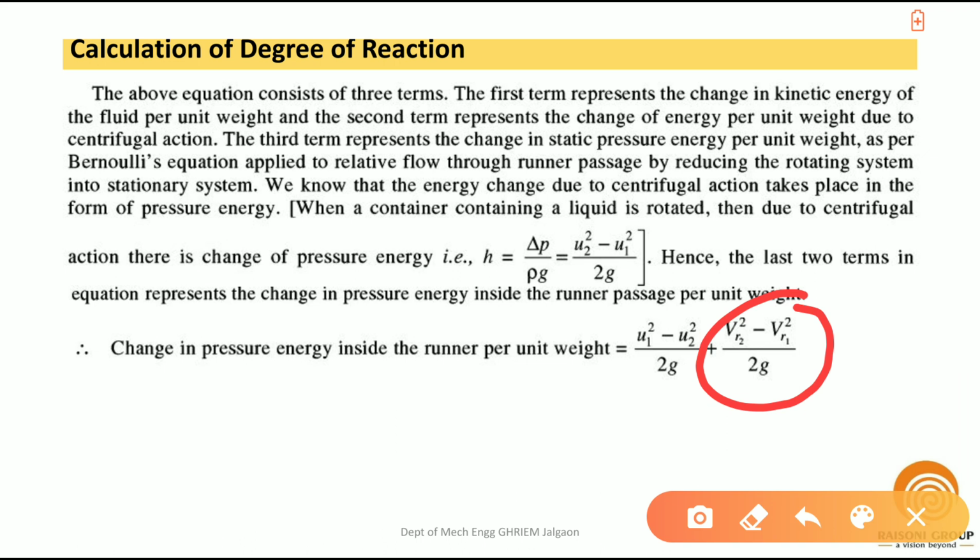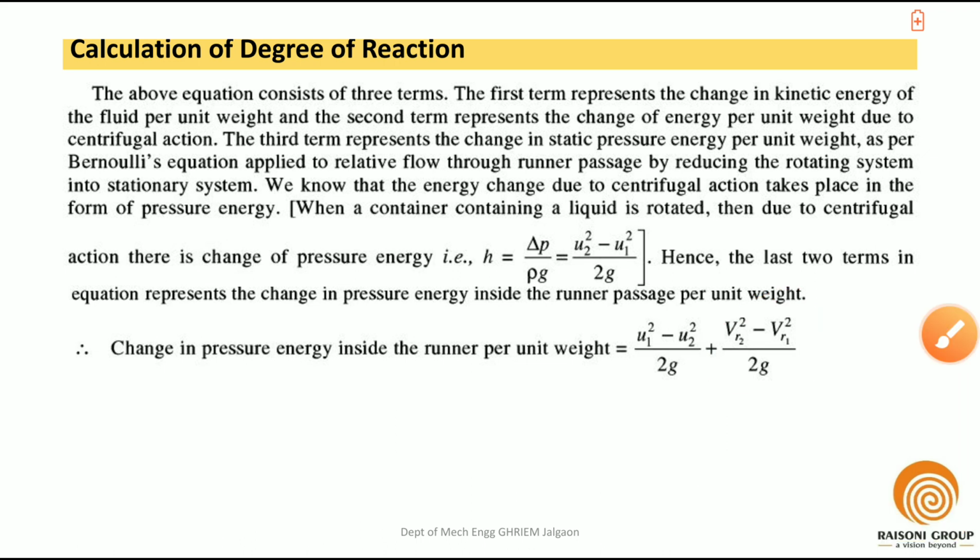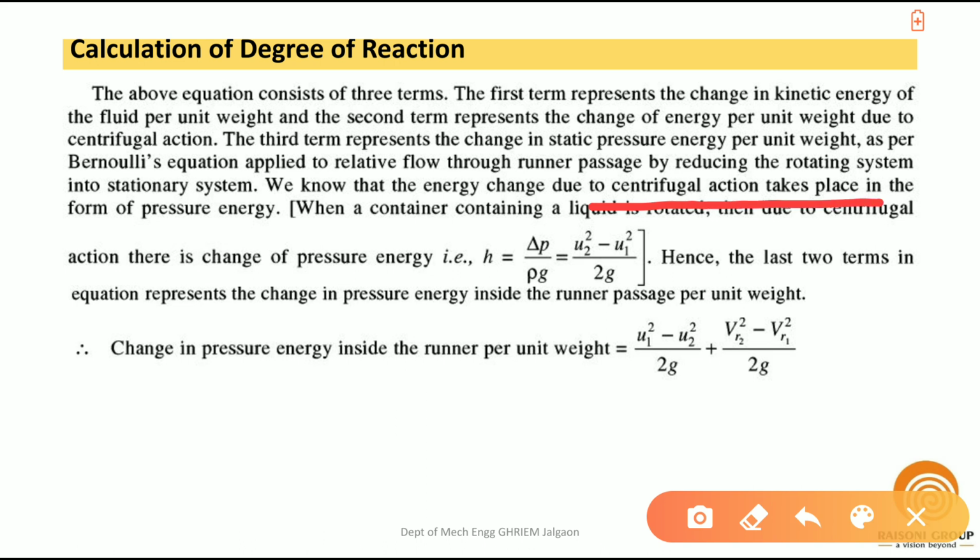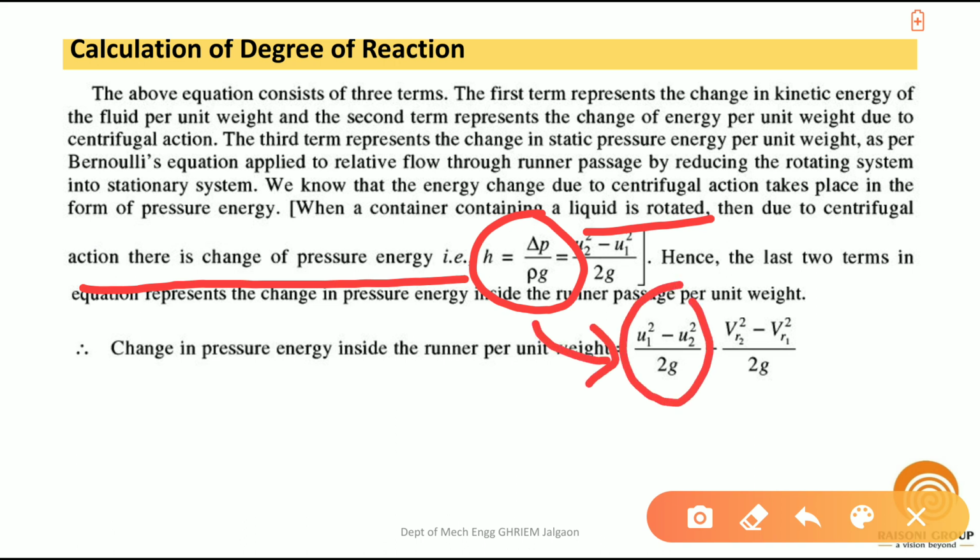We know that the energy change due to the centrifugal action takes place in the form of pressure energy. When a container containing a liquid is rotated, then due to the centrifugal action there is a change of pressure energy, represented by H is equal to delta P by rho g, which is equal to this second term, u1 square minus u2 square divided by 2g.